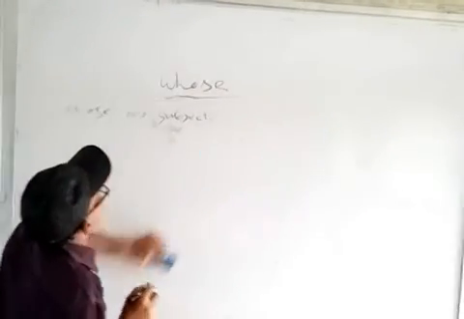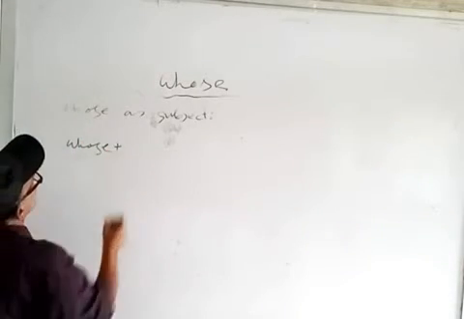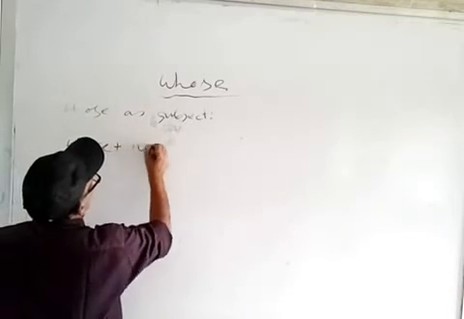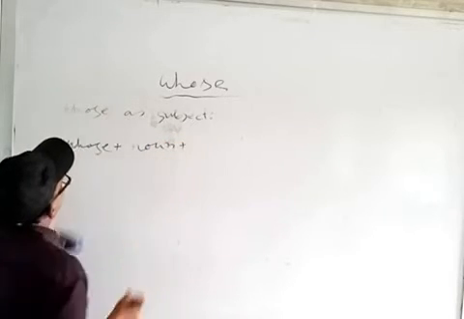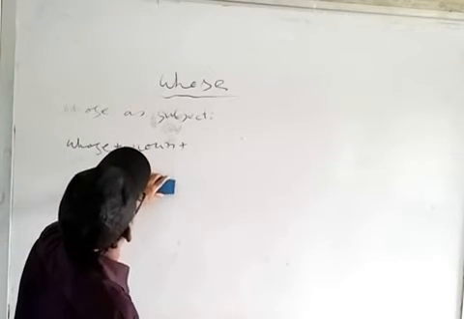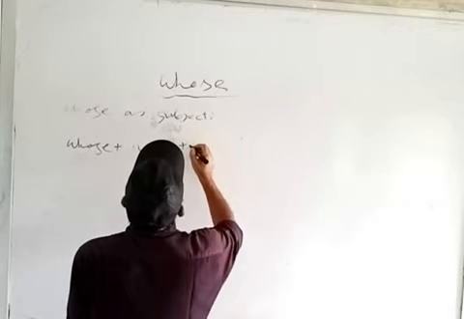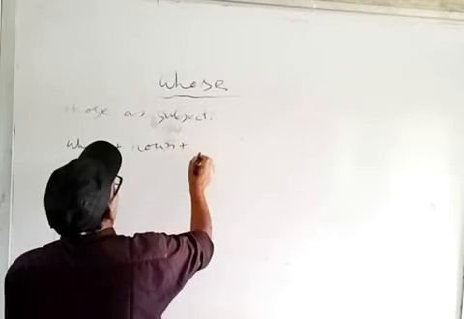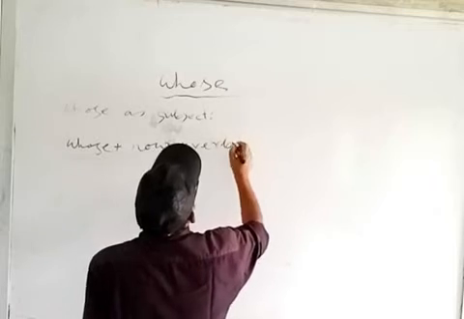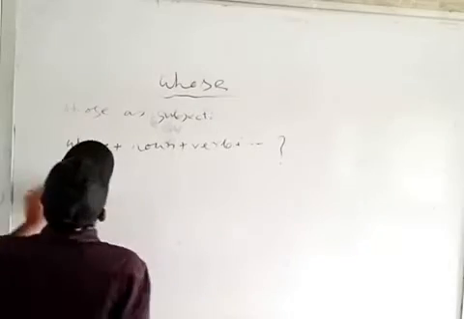The structure will be whose plus noun plus, from the verb, everything you have to write. Then from the verb plus dot dot dot, then note of interrogation.